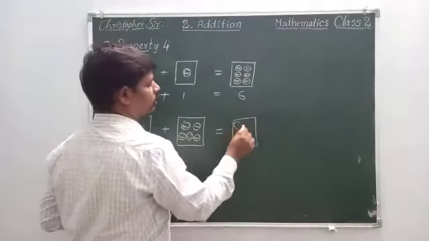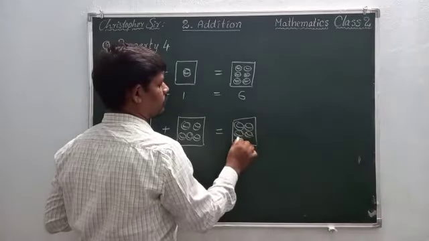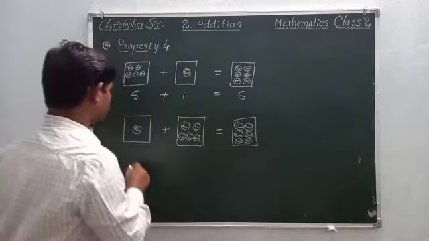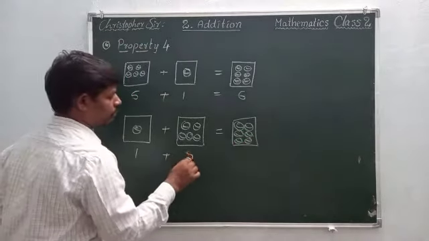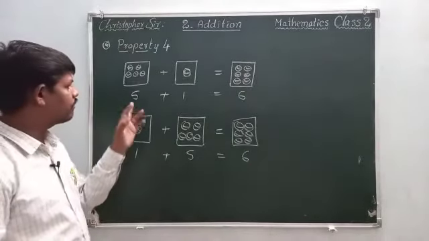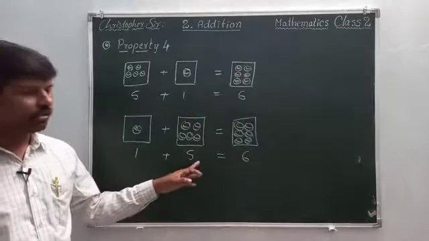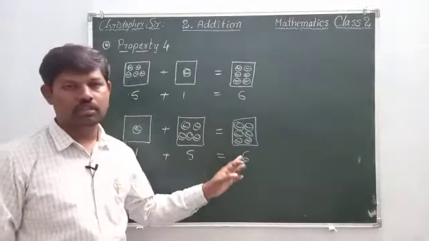That means here 6 balls are there. You have to draw 6 balls. 1 plus 5 is equal to 6. Observe clearly. 5 plus 1 is equal to 6. 1 plus 5 is also equal to 6.